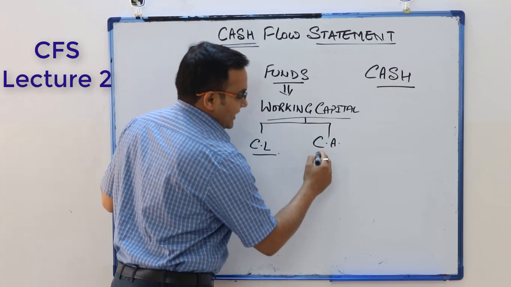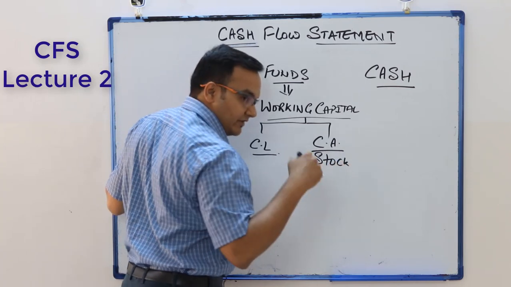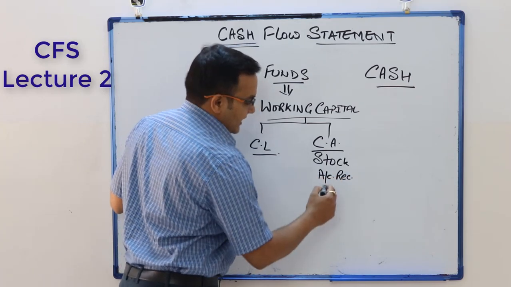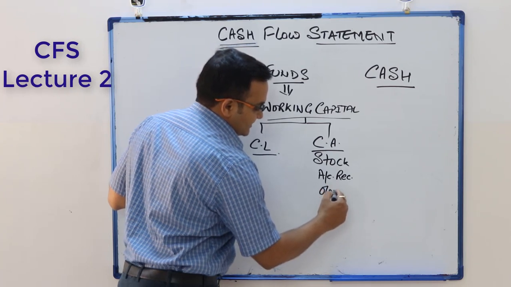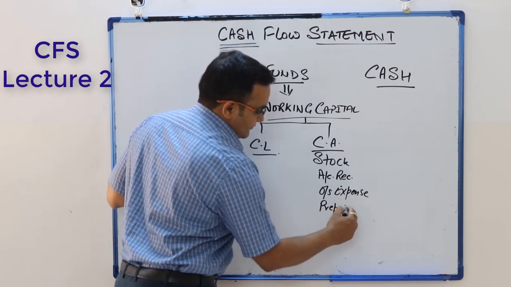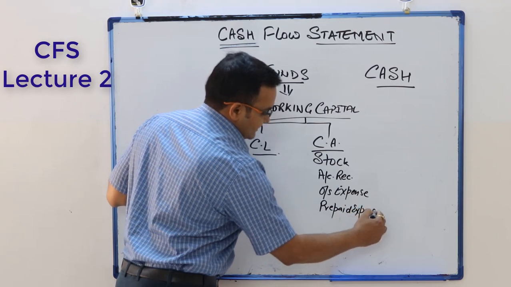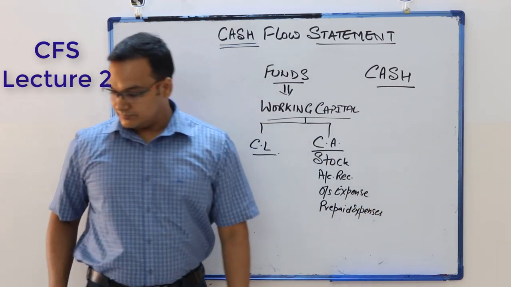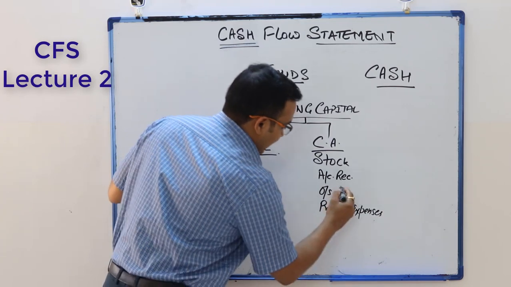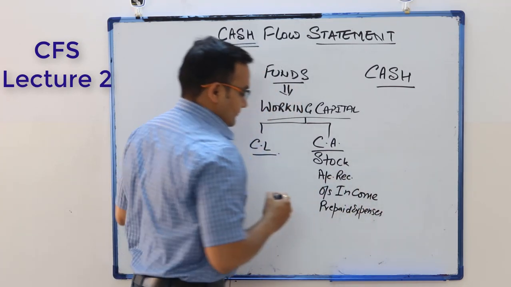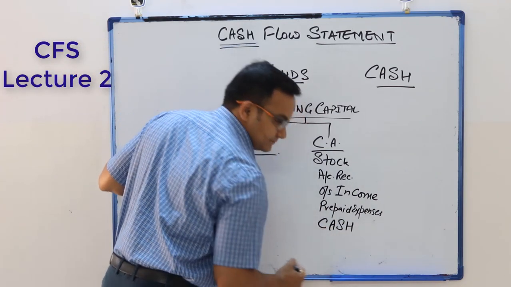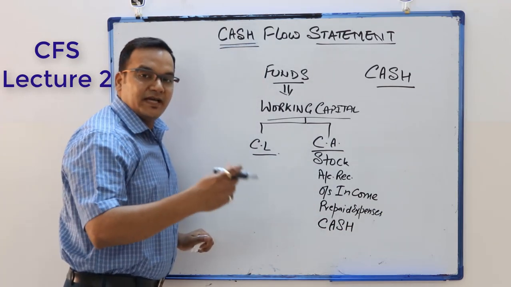In current assets, we have stock, meaning inventory or merchandise, accounts receivable, outstanding income, prepaid expenses, cash, and short term loans we have given to somebody.